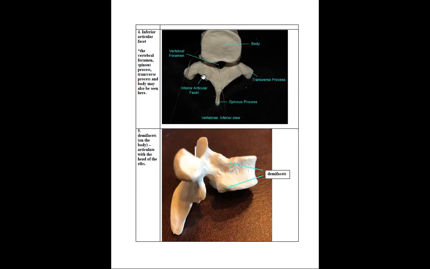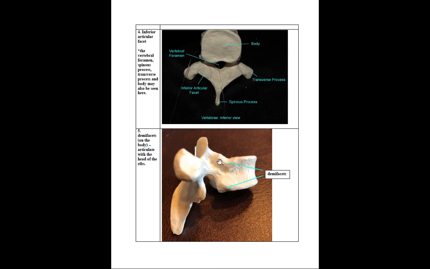Also the inferior articular facet, you can see here, it's a little less obvious where to find it on the thoracic vertebra, so that's why I pointed it out here. Some of the special features that really make the thoracic vertebra different is that because the thoracic vertebra are going to articulate with the ribs, you're going to have these special features where they articulate.